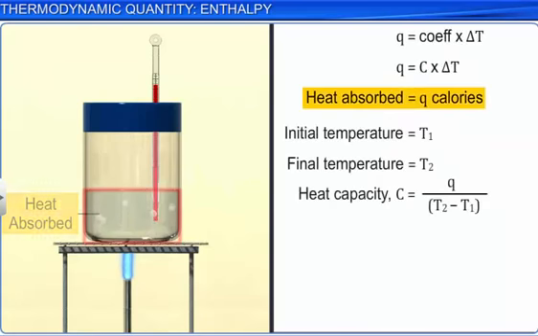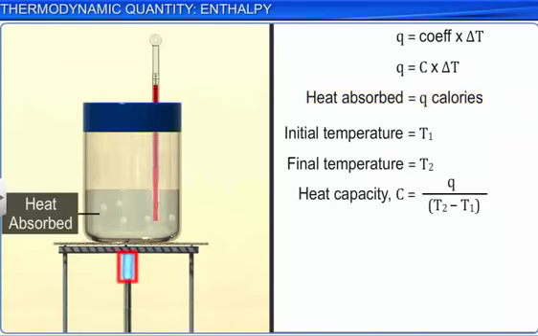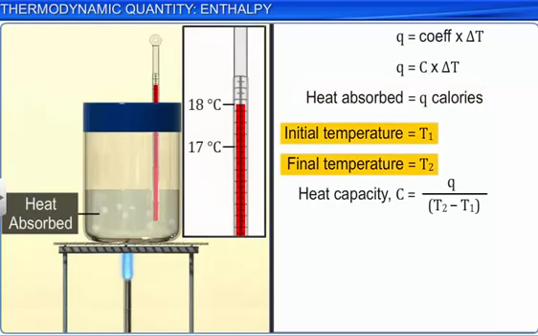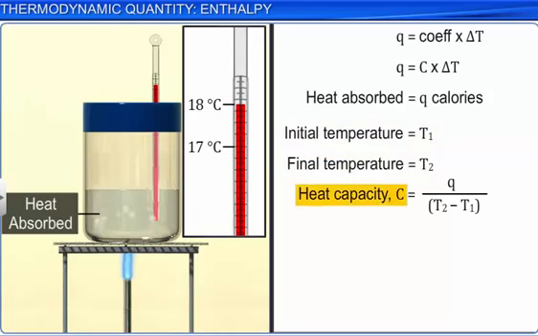If Q calories is the heat absorbed by the system and the temperature rises from T1 to T2, the heat capacity C is given by the expression C equal to Q by (T2 minus T1). Thus, heat capacity is defined as the amount of heat required to raise the temperature of the system by 1 degree at a specified temperature.